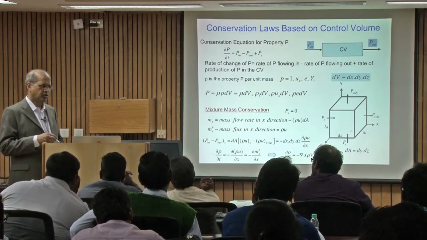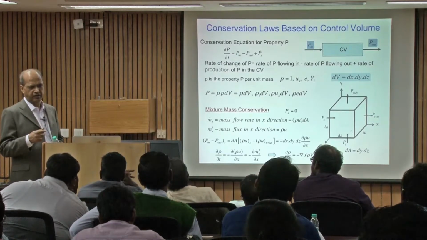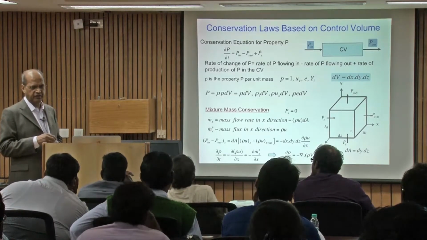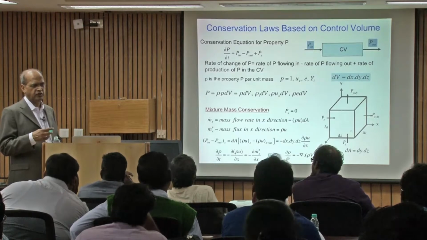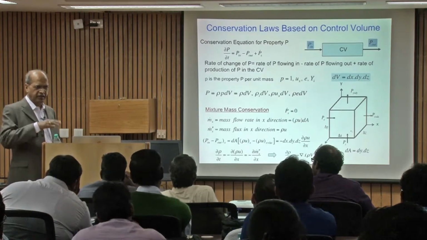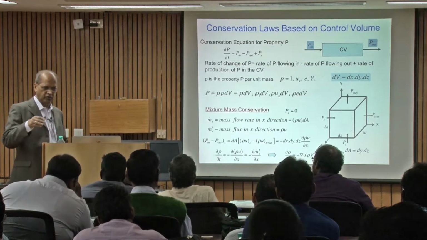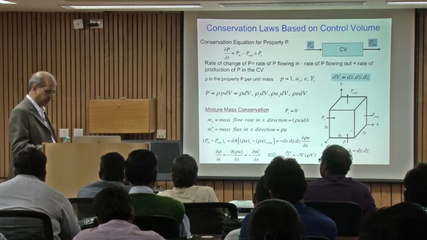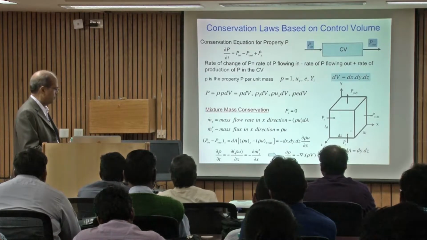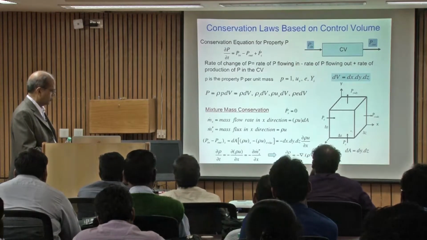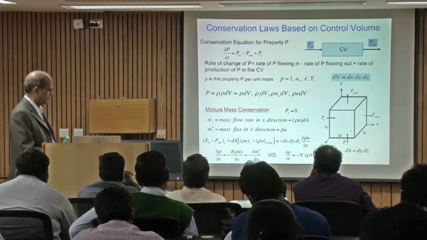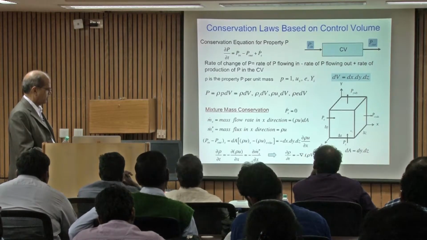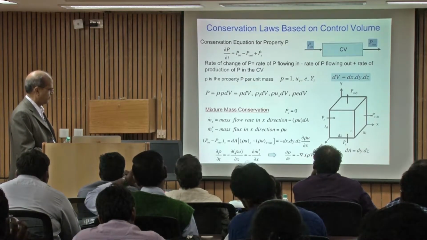So in general you say rho times v, where v is the velocity vector. The mass flux vector is rho v, and it has three components: rho ux, rho uy, and rho uz. That is why I am writing it in vector form here. So rho v is the mass flux vector, and we take the divergence of that mass flux vector.